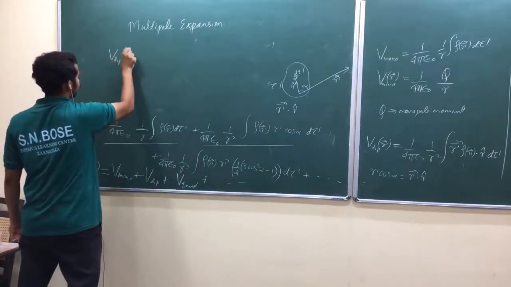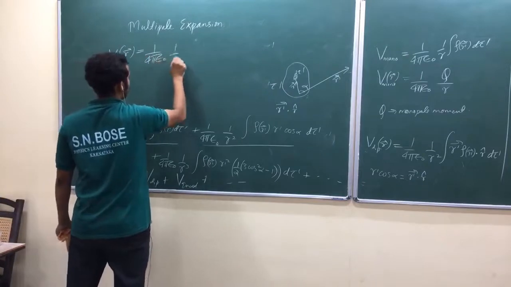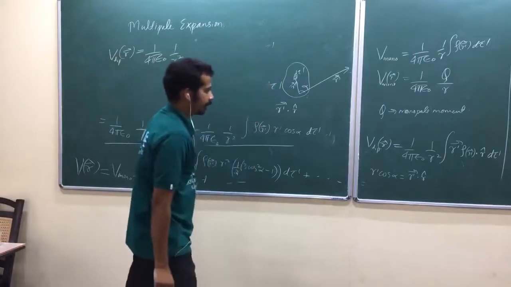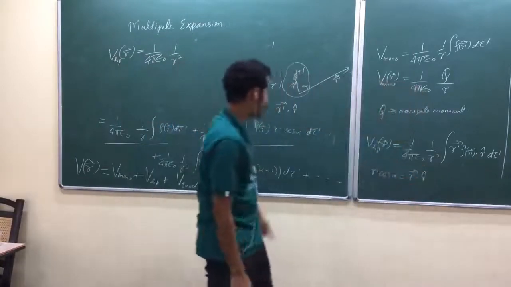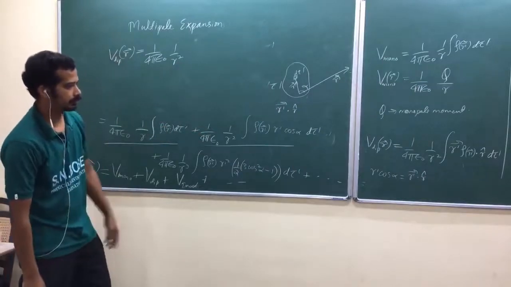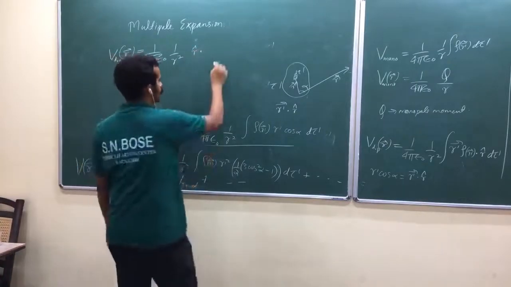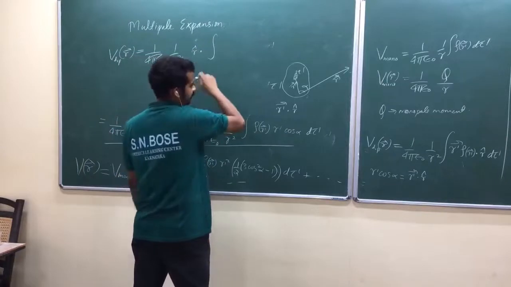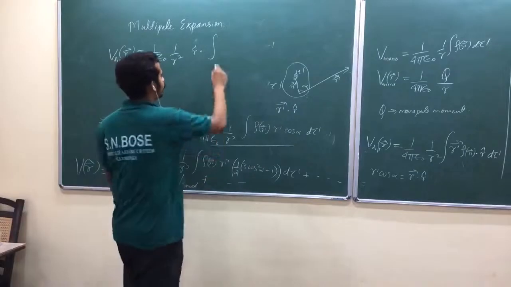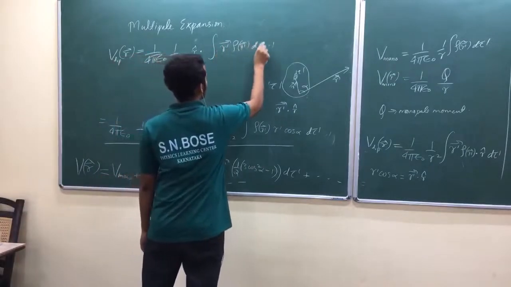Dipole term is equal to 1 by 4 pi epsilon naught, 1 by r square. Wait a second. R prime dot r cap, what is that one? R prime cos alpha, d tau prime. What I do here is write that expression as r cap dot integral of r prime vector, rho of r prime vector into d tau prime.